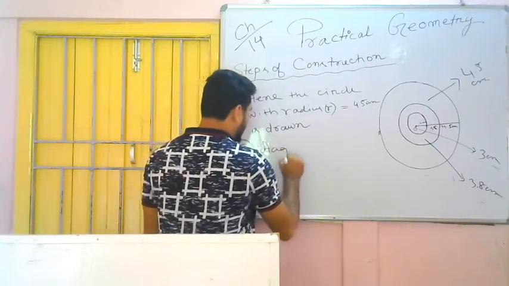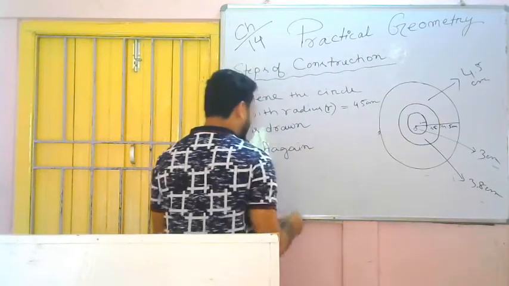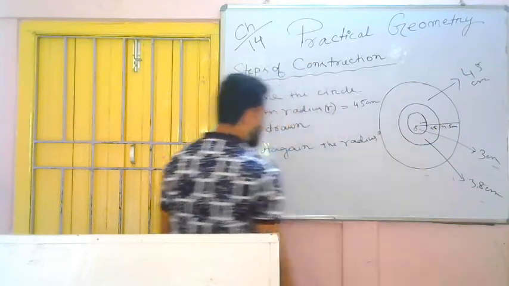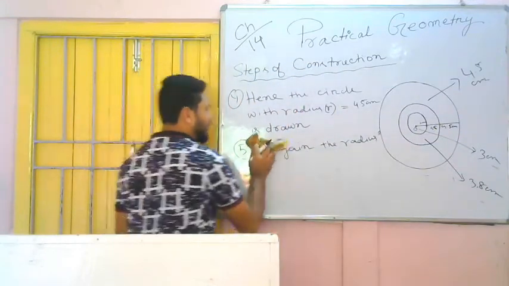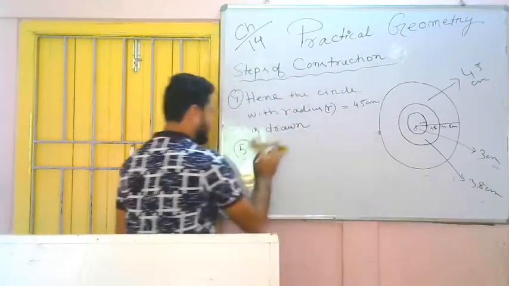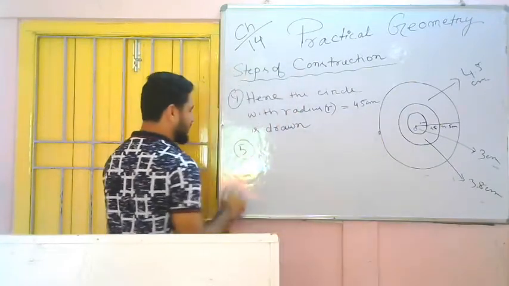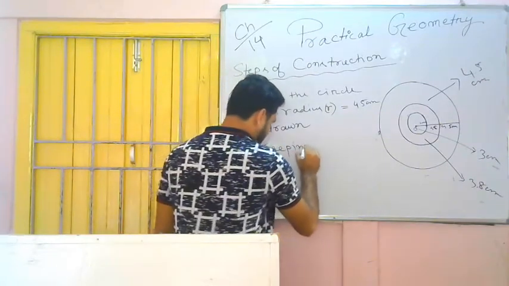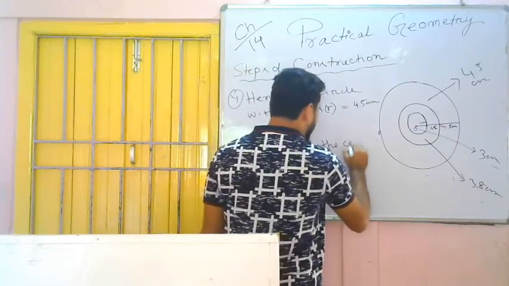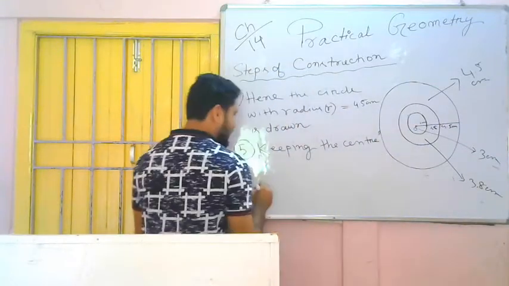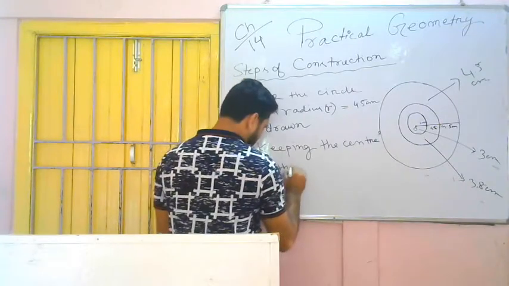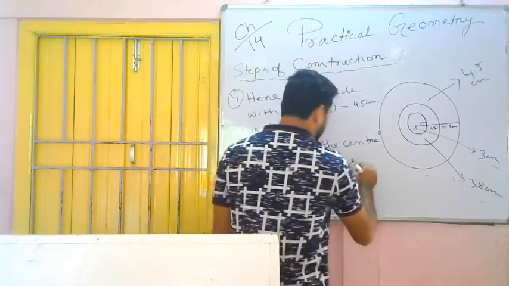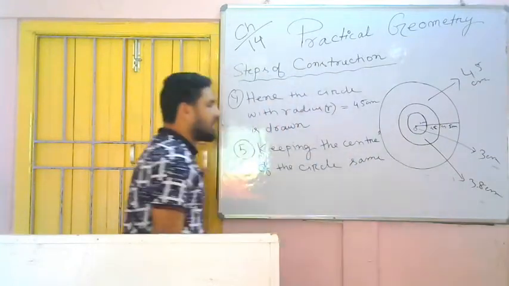Again taking the radius, sorry, you don't write this line, you just write keeping the center of the circle same or unchanged.